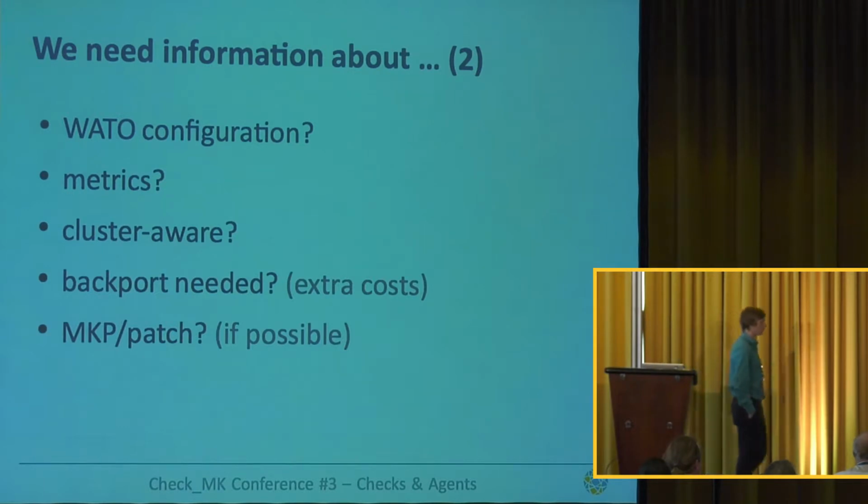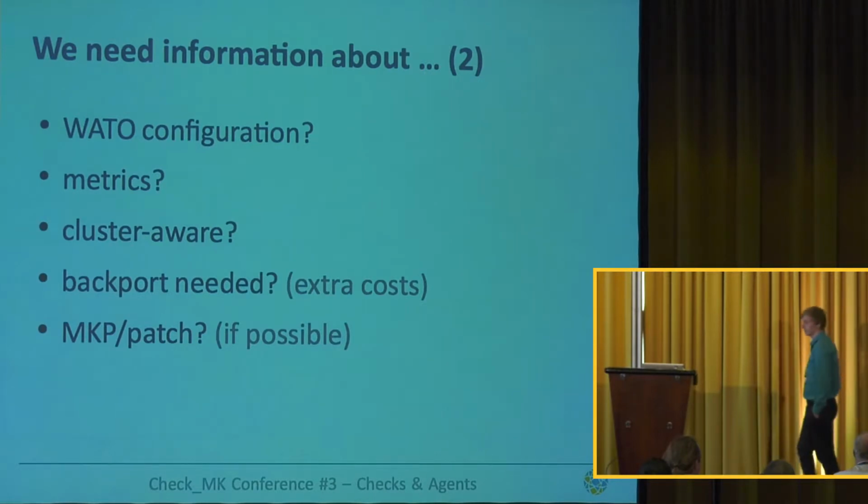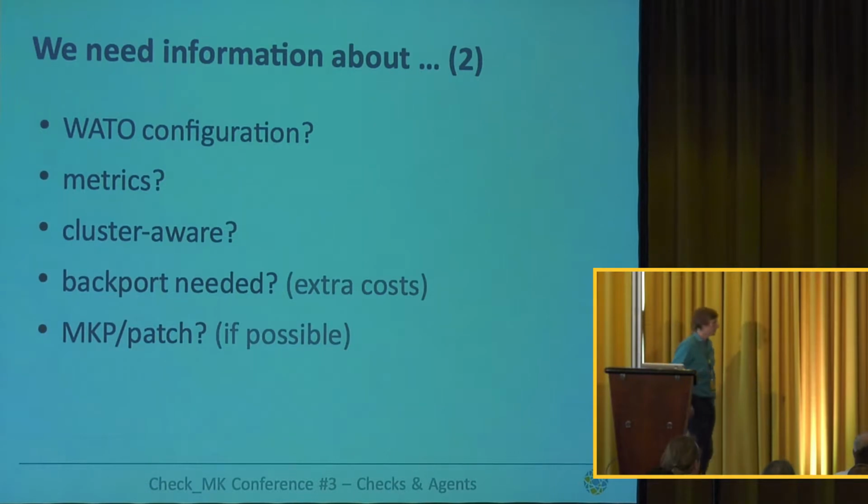Okay, then we have questions in terms of the configuration. What does it need to be able to be configured? Yes and no, and then values, things like that. And of course, questions like different metrics. Are there metrics, and what are they like? So is it a set range, or can they be combined? And then cluster aware or not.